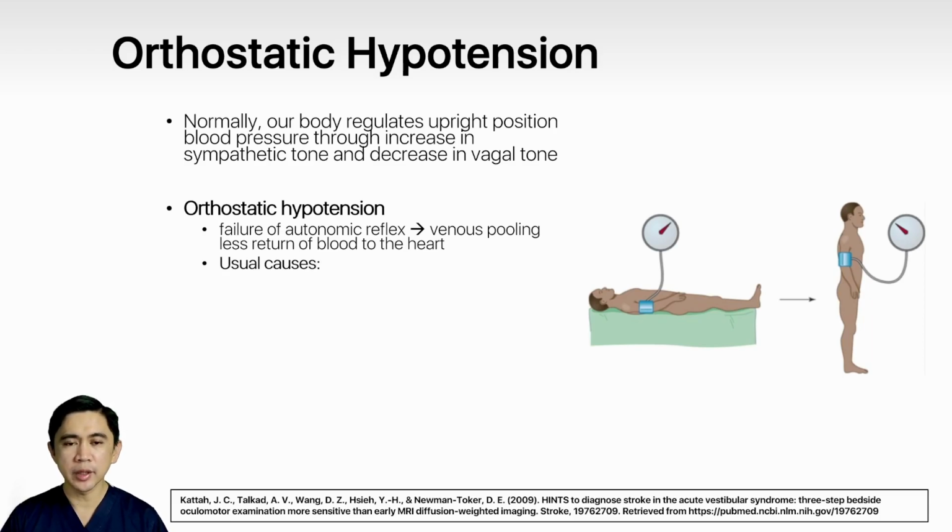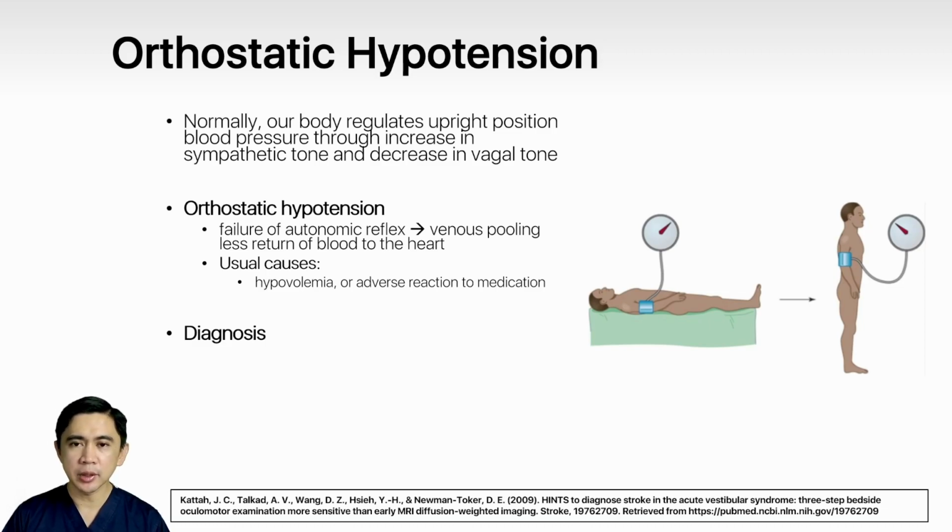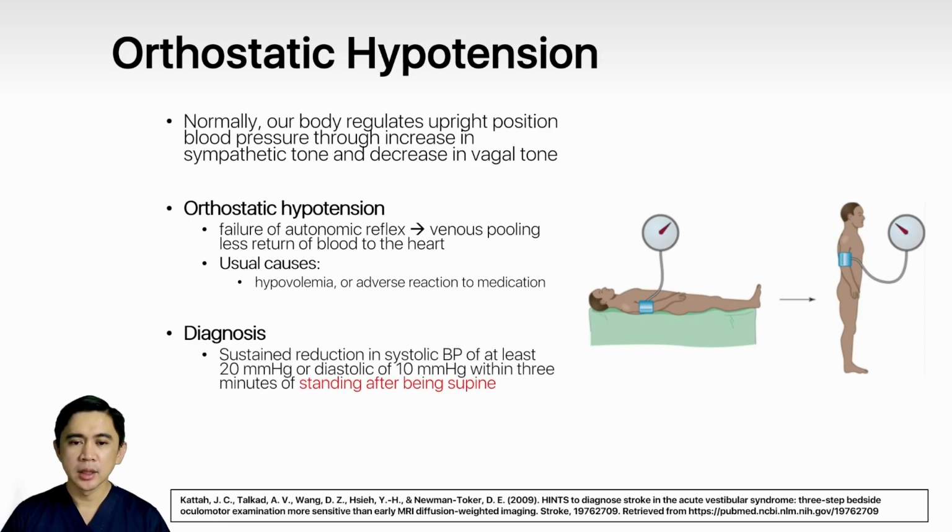The usual causes are hypovolemia or adverse reaction to medicines. The diagnosis is a sustained reduction of systolic BP of at least 20 millimeters of mercury or diastolic of 10 millimeters of mercury within 3 minutes of standing after being supine.